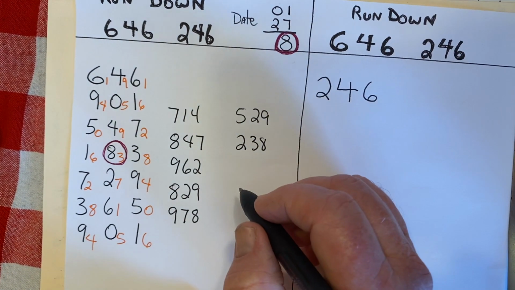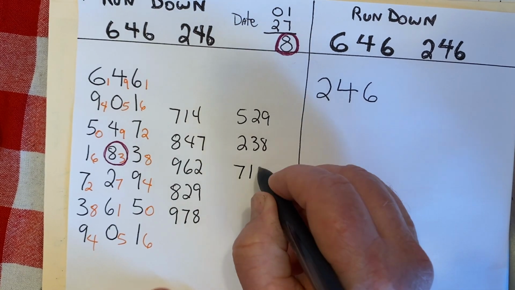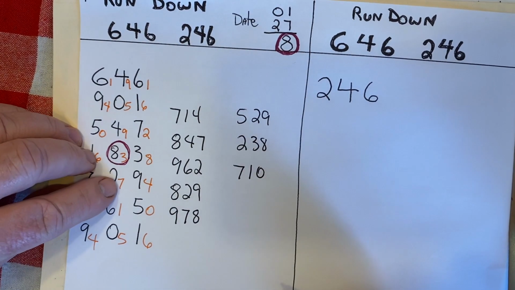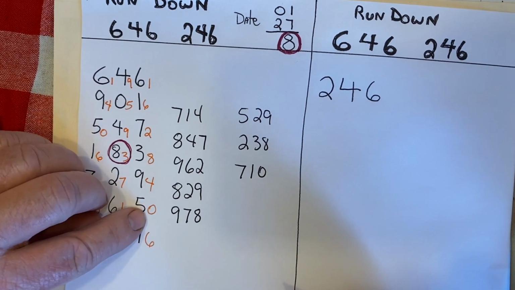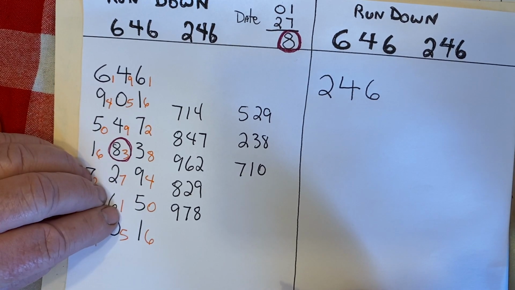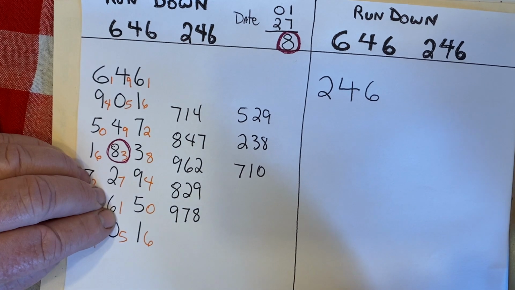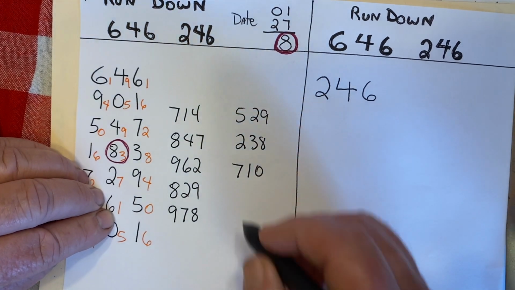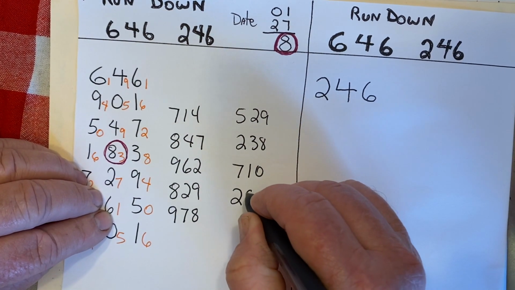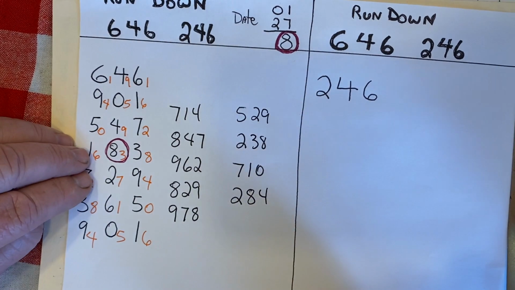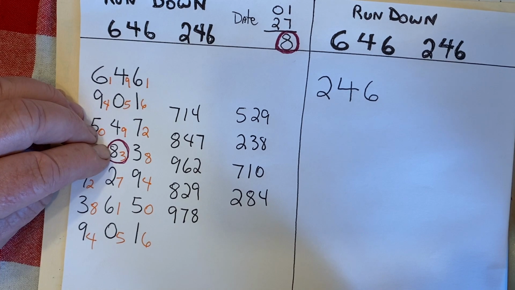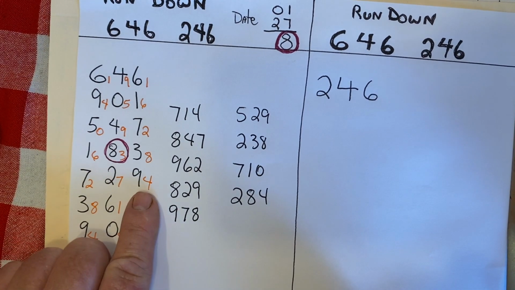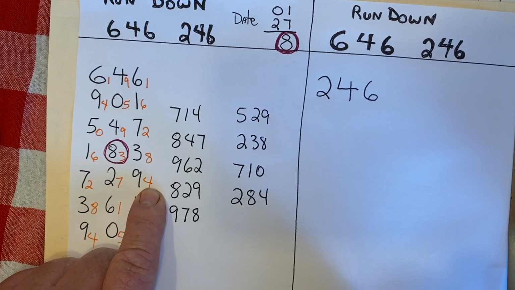The next one is going to be a 710. Mind you this, all 3 of these are mirror numbers. They fall that way every once in a while, pretty often, really. The next number is going to be 284. Okay, we have 2, 8, and the mirror number 4.